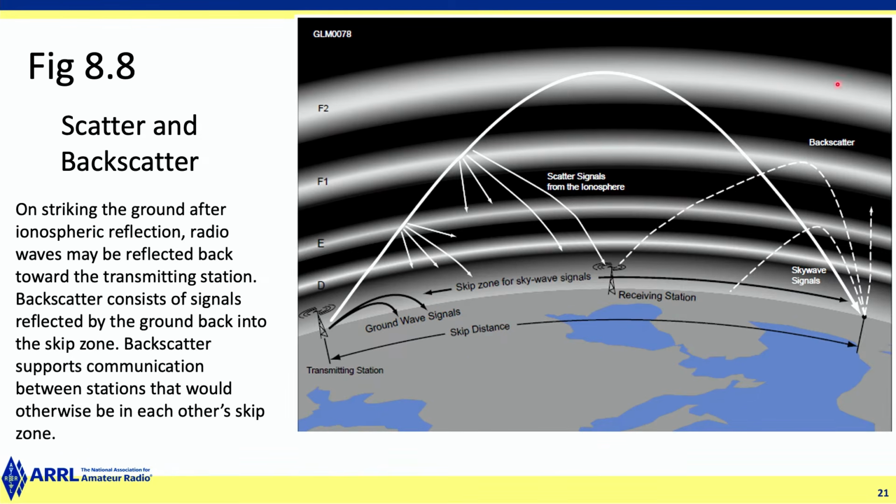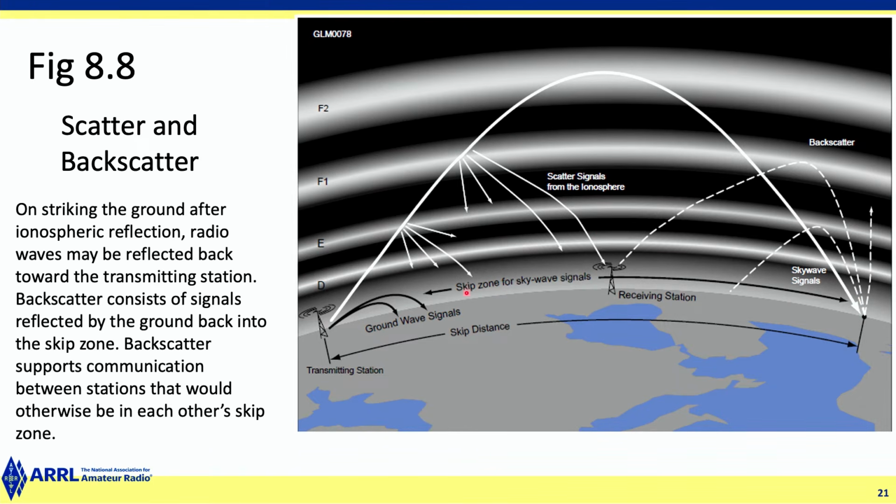So let me give you a good example. Let's say I've got skywave propagation, I'm hitting the F2 layer, and I'm able to talk to this station over here. If I did not have any backscatter, this receiving station in the middle here that I'm highlighting would not be able to hear this station or this station because it's in the relative skip zone.